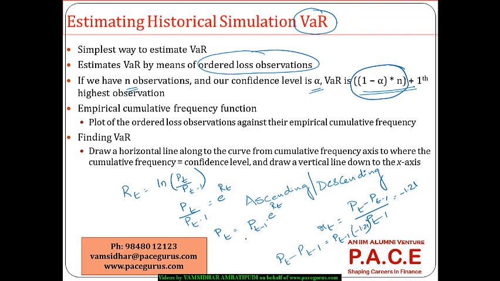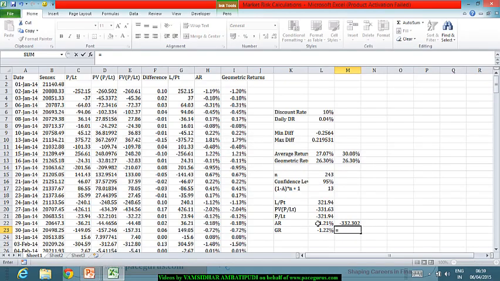But here, first I'll get the PT, which is in this form. Then if I want the difference, PT minus PT minus 1 is nothing but PT minus 1 times e power RT minus 1. So that is what will come out to be my VaR.